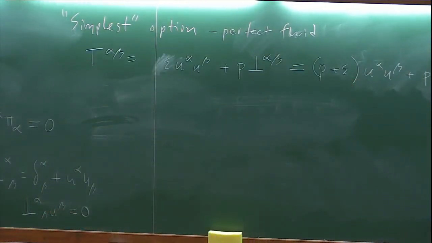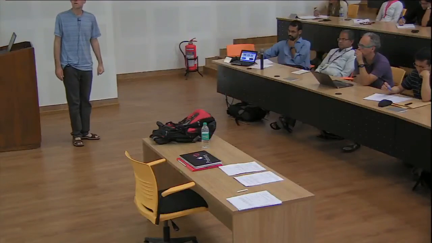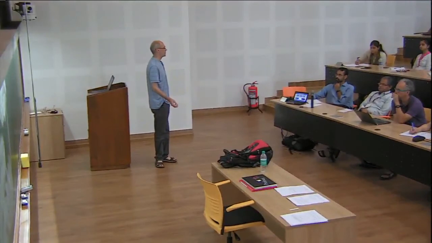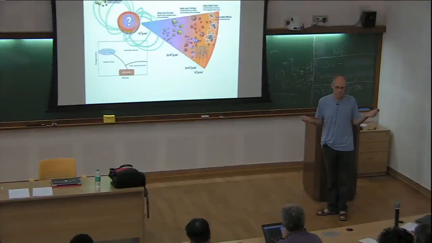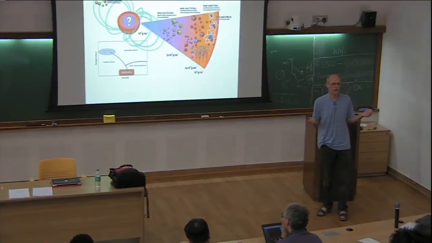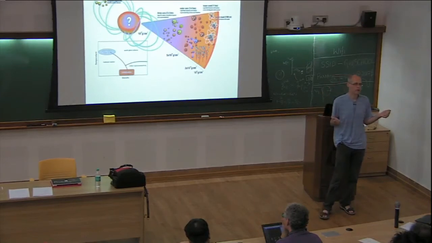So now, I'd like to go over here, just for a moment. So last week, you probably learned a fair bit about neutron star interiors and the equation of state. Okay? So what do we know about this strange object?